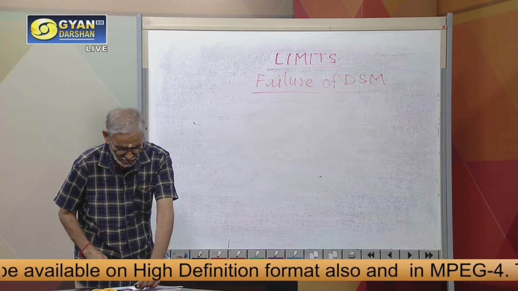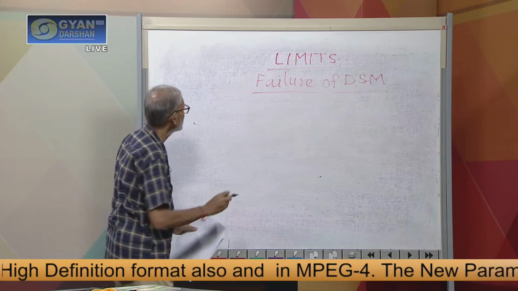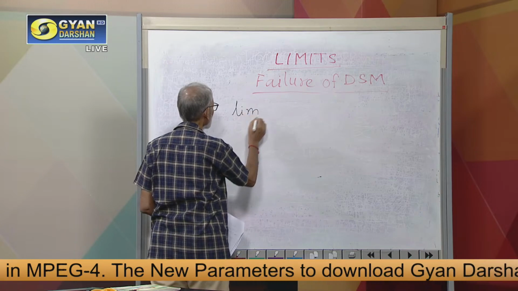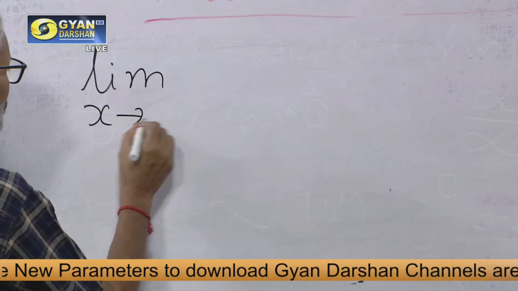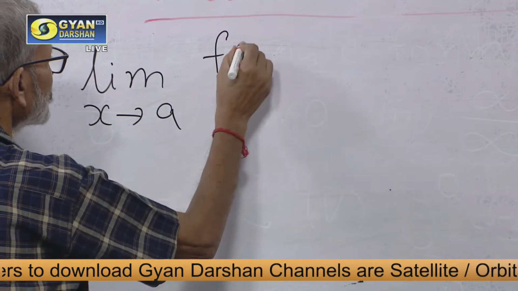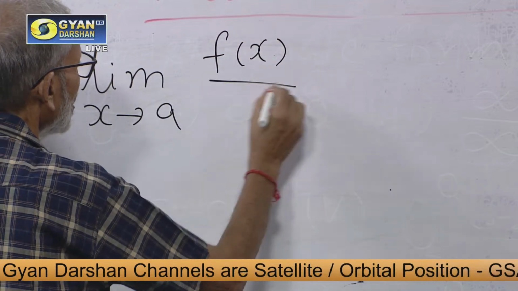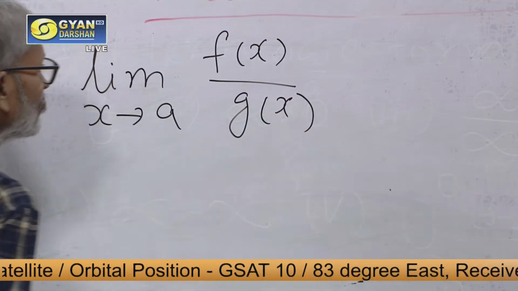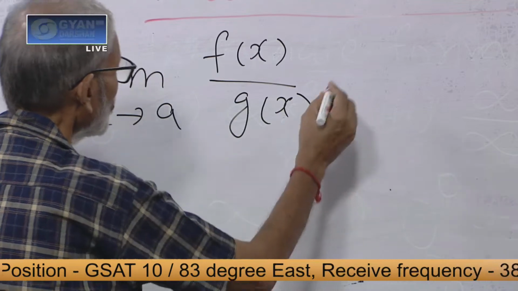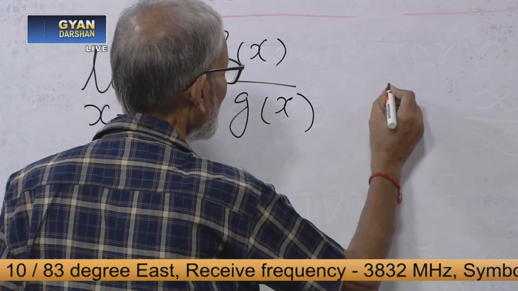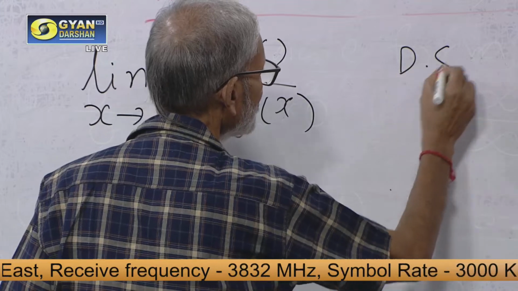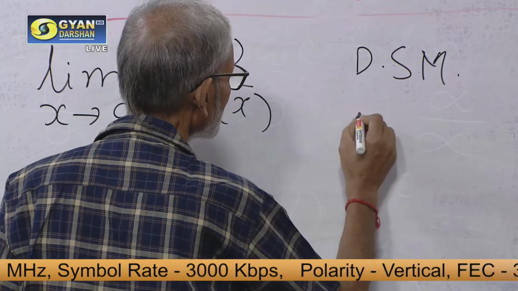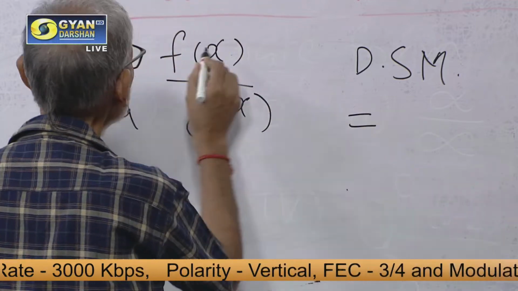So, if we have to find the limit as x tends to a of f x upon g x, where these are two real valued functions, in direct substitution method what do you do? You put a in place of x.